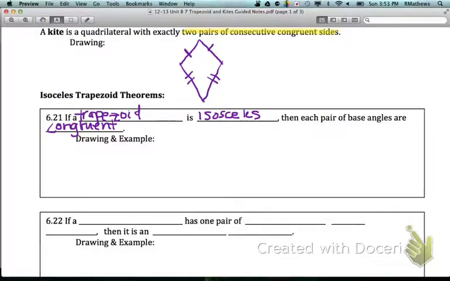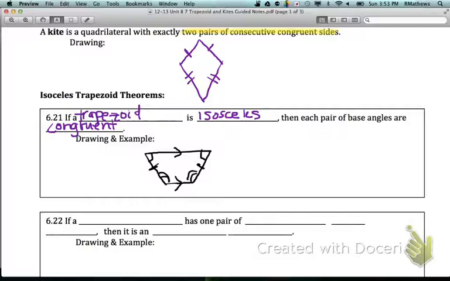So let me give you a drawing of what that would look like. So let's see, I have a trapezoid. And it's important to remember on trapezoids that the longer base doesn't have to be the bottom of the trapezoid. I think we tend to think that, but that does not always have to be the case. Okay, so we've got these parallel sides and these congruent legs.